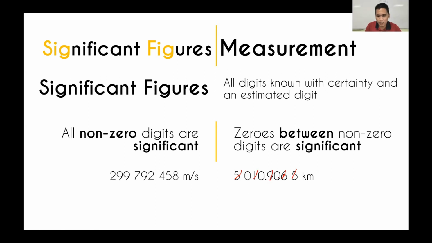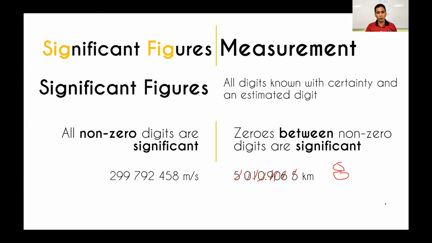So these three zeros are between non-zero digits. So therefore, we can consider them as significant. So count 1, 2, and 3. So all in all, we have 1, 2, 3, 4, 5, 6, 7, and 8 significant figures.